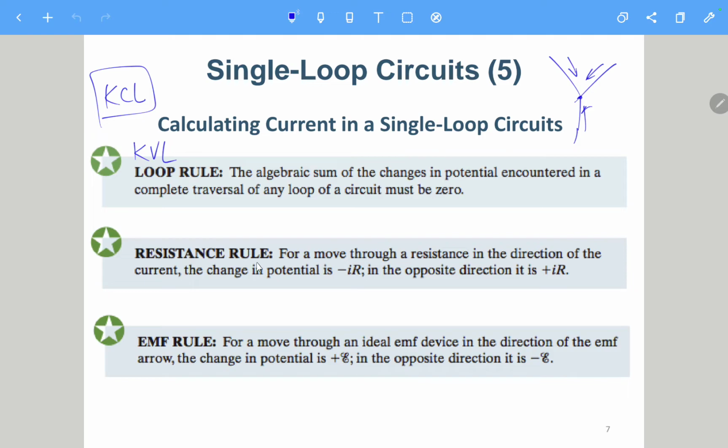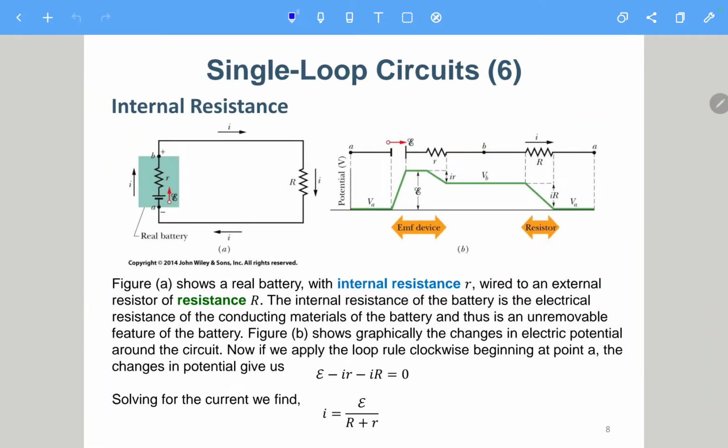The resistive rule is nothing but Ohm's law, and the EMF rule is that the EMF will generate some voltage difference. Nothing special. If we consider the internal resistance, just like I mentioned, this is the real resistance, so we model it as an ideal battery in series with a small resistance.